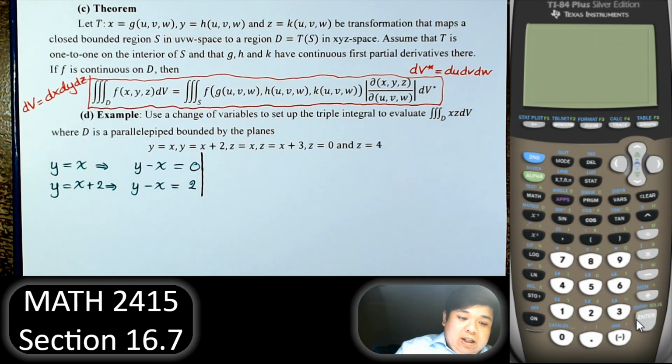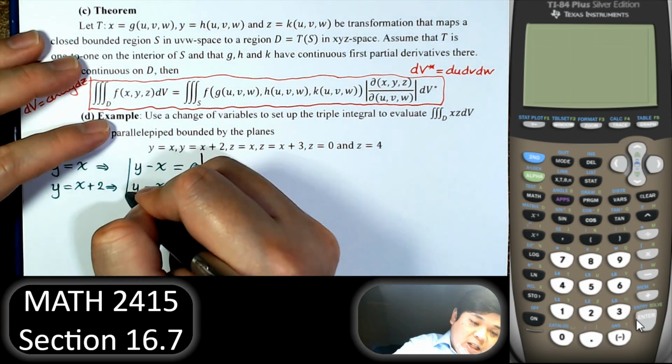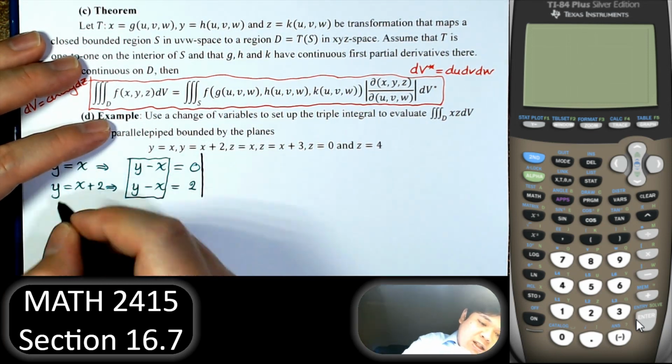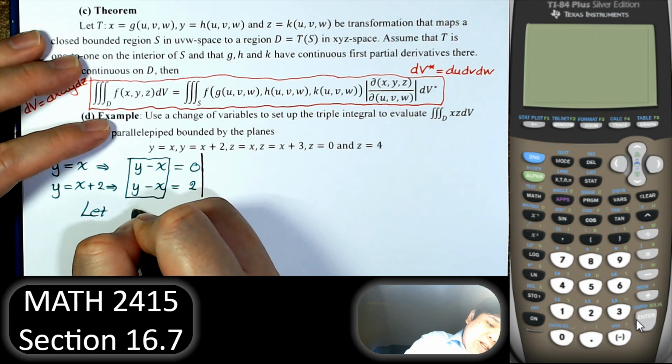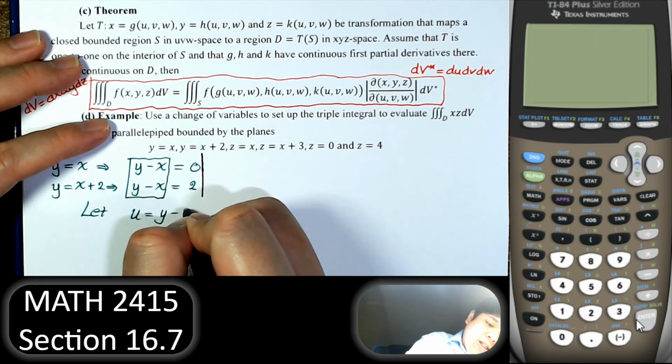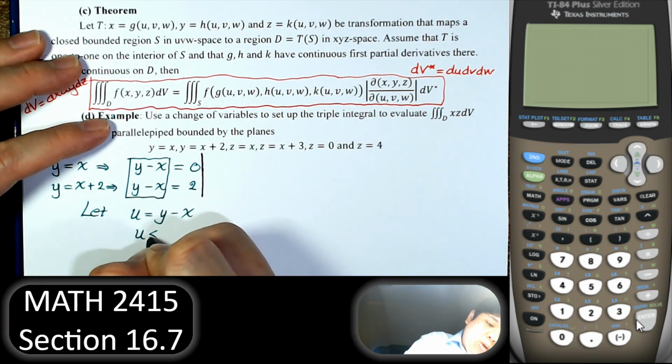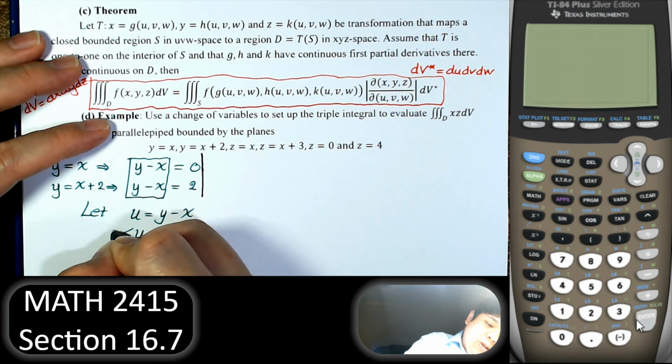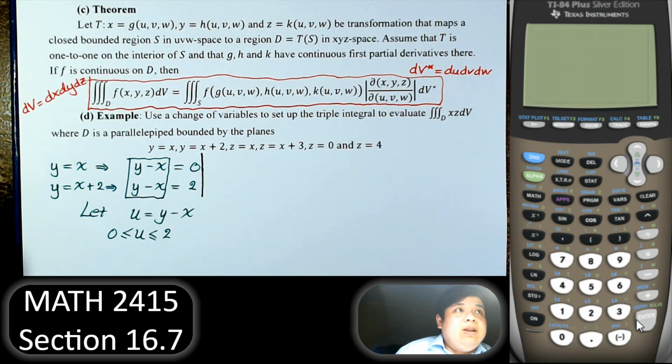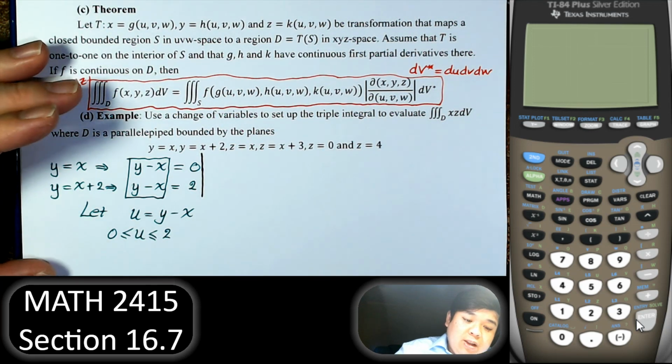So this one, it would be wise if we let u be y minus x, and u will be between 0 and 2. That's convenient.